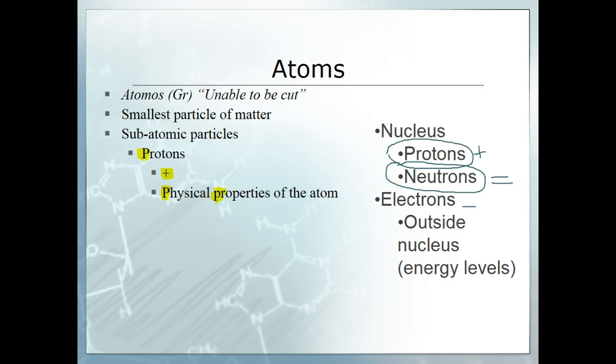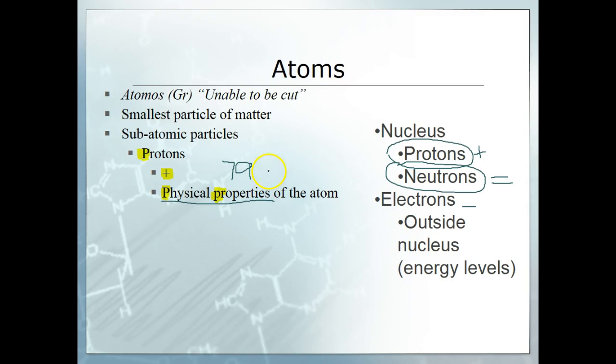Gold is gold, and everybody knows what gold looks like, right? It's kind of yellowish, it's a metal, it's non-magnetic, it's valuable, it's very expensive. It's really soft for a metal, but all of those physical properties are properties that gold has because gold has 79 protons.